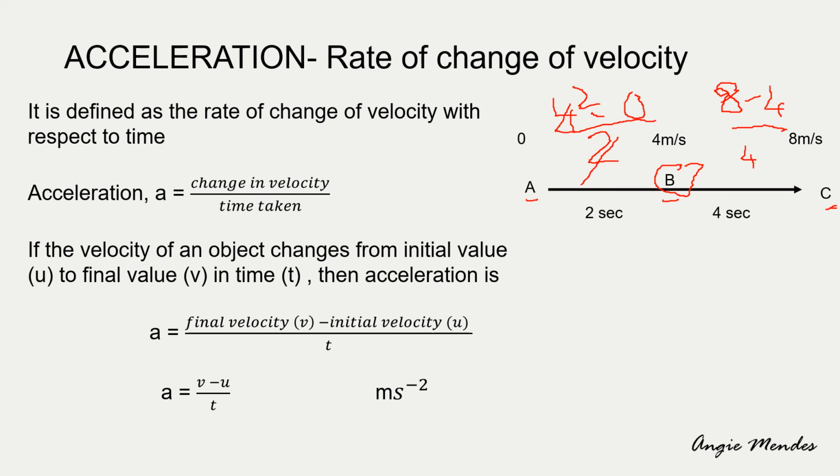So 8 minus 4 is what? 4 upon 4. So the acceleration will become 1 meter per second square. Okay, remember that we have to subtract the initial velocity from the final velocity to get the acceleration.